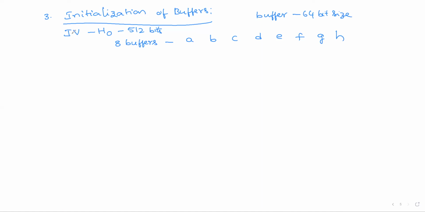So for the initialization of these buffers, that is to write H naught or the initial vector, how do we take the values in these buffers? First, to write these initial values for those buffers, you have to consider the first 8 prime numbers.